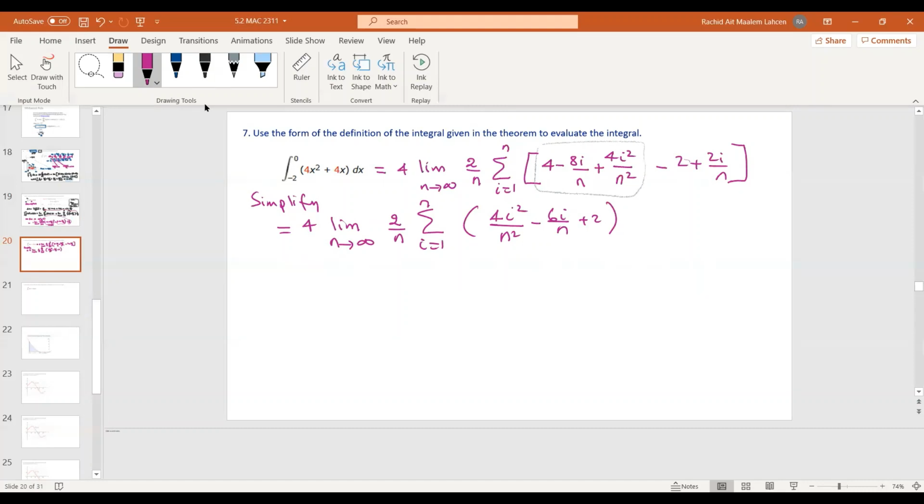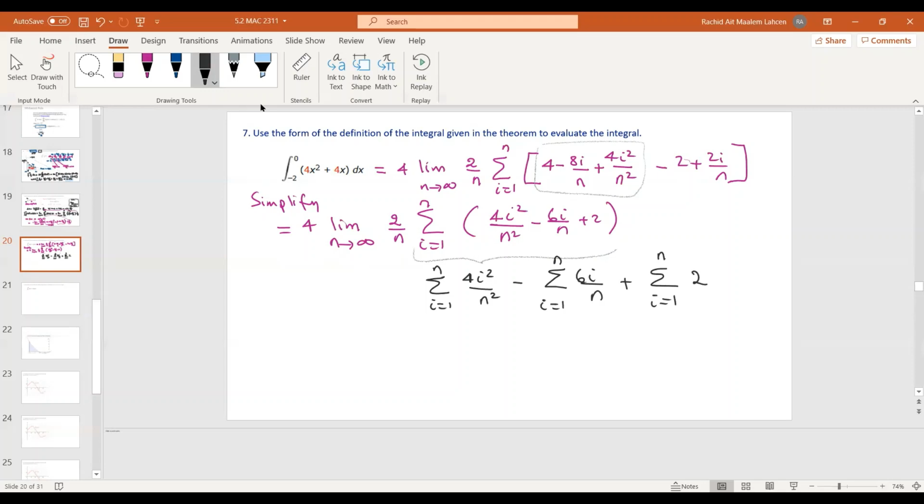And this is going to be broken into three parts. From one property that we did, of course 2 over n is a common factor for them, but this is going to be broken into three of them. So you have this, and this, and this.